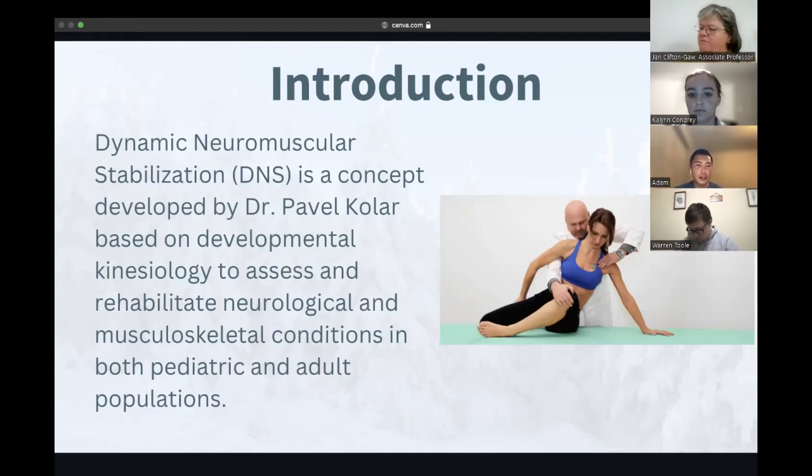I'll talk a little more about that in the next slide. But the idea is that we compare the difference between adults and babies, and see how our motor patterns get tainted by 20 years of living, or even more.